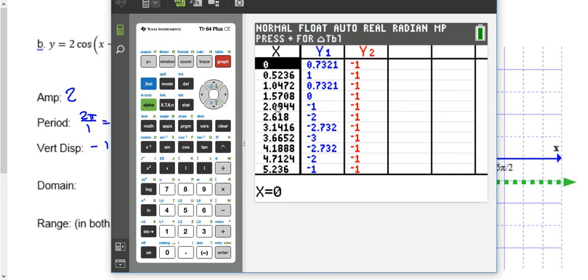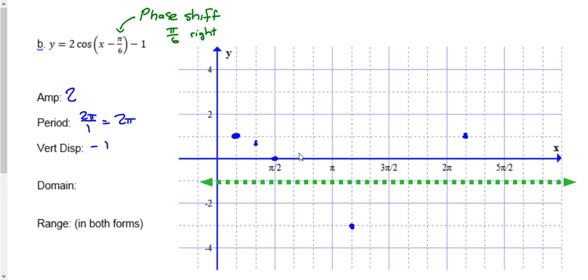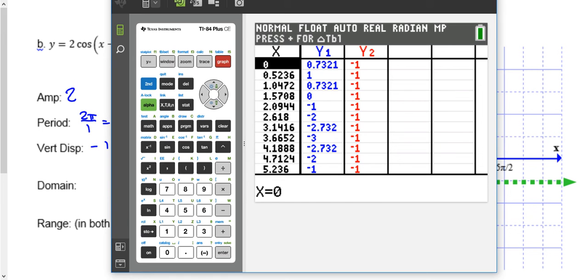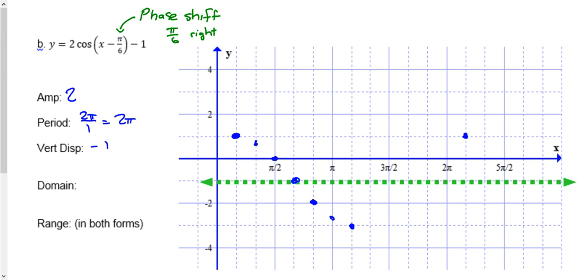At 2, we're at −1, −2, and then −2.7 would have been the next one there. So −2.7 is around there. Now all these other coordinates are just mirroring each other, up to 5π/2.